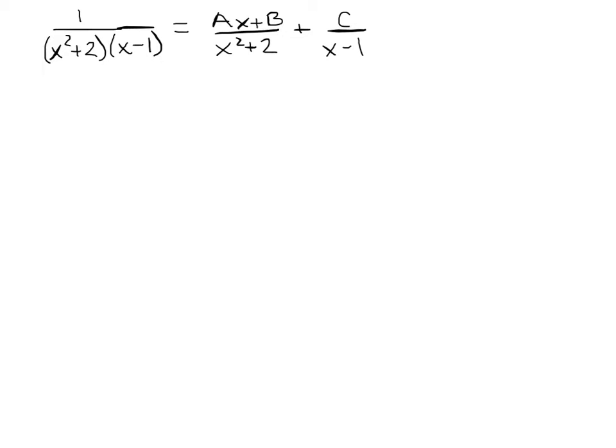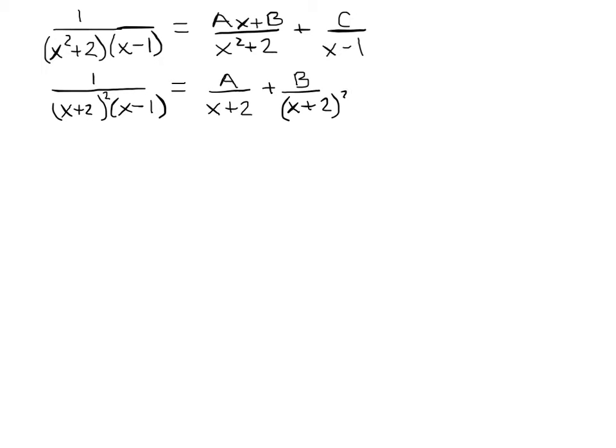Now, another thing that can happen is that instead of just having one quantity of x plus 2, which is what we started with in our example, maybe we could have 2 quantities of x plus 2. What happens here is that the degree is still 1, so we still have an a over x plus 2, but that x plus 2 has a multiplicity of 2, and so we're going to need another quantity over its multiplicity, x plus 2 squared, and then we still have that x minus 1 in there.